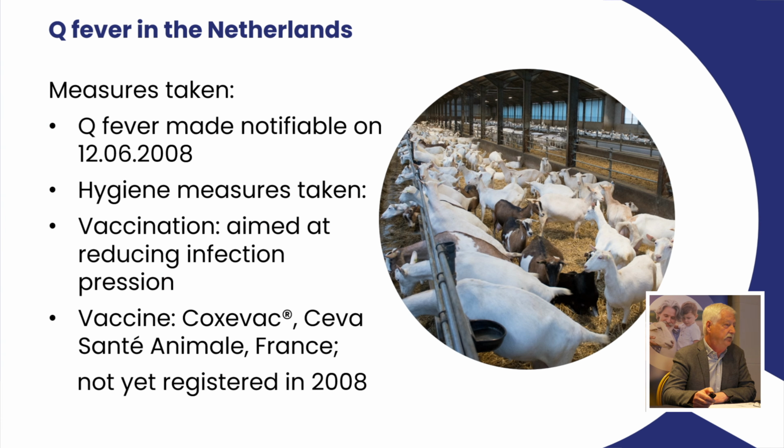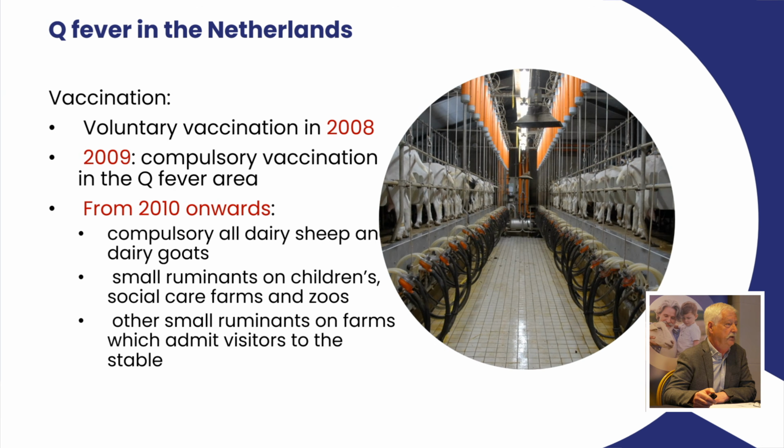We started vaccination in October 2008, aiming at reducing infection pressure, but we used Coxevax then and had a problem with the authorities at that moment because it hadn't been registered in the Netherlands. So on the one hand, with the information available, we'd like to start using it, and on the other hand, we had a problem with the registration.